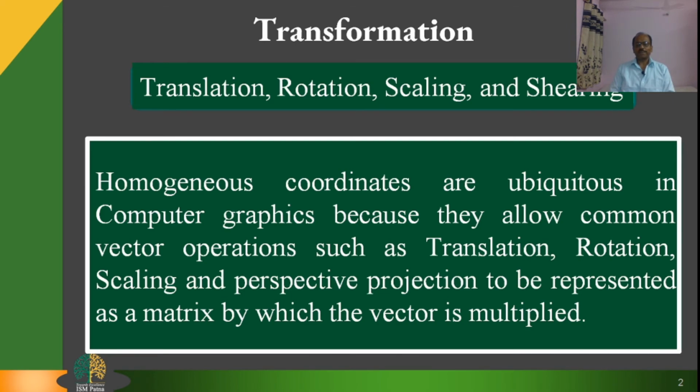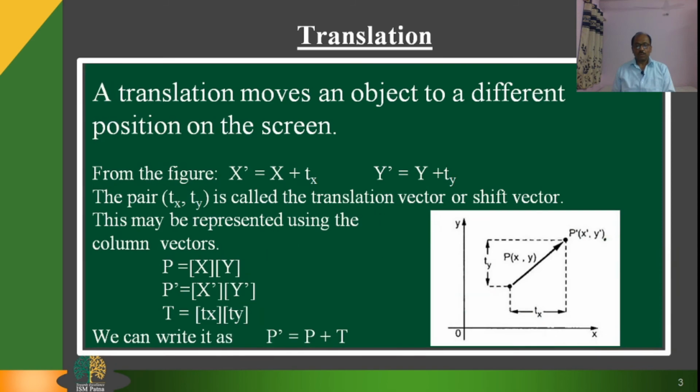For example, a point with coordinates 2, 3, 6 and another represented as 4, 6, 12 are the same point represented by different coordinate triples. That is, each point has many different homogeneous coordinate representations by which we represent the points.